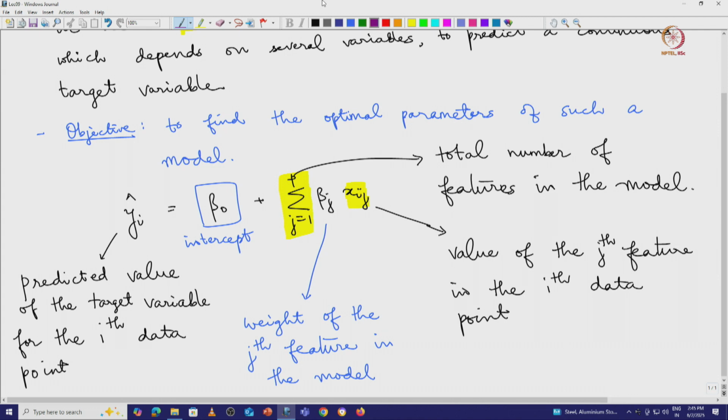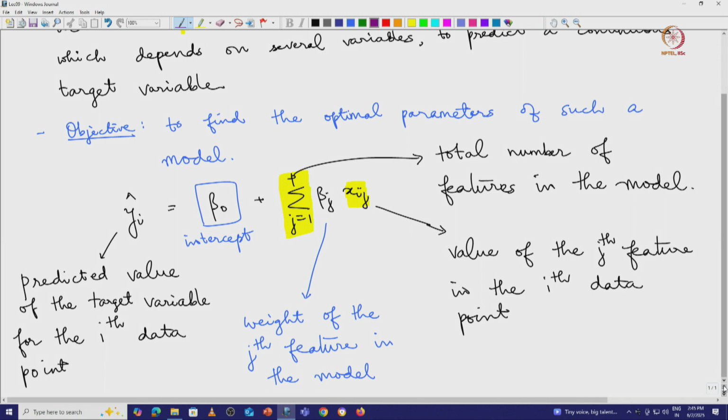So I hope this makes sense, and we have defined all the terms in this model. yi hat is the predicted value of the target variable, beta naught is the intercept, beta j is the weight of the jth feature, xij is the value of the jth feature in the ith data point, and p is the total number of features in the model. So the terminology is quite straightforward.